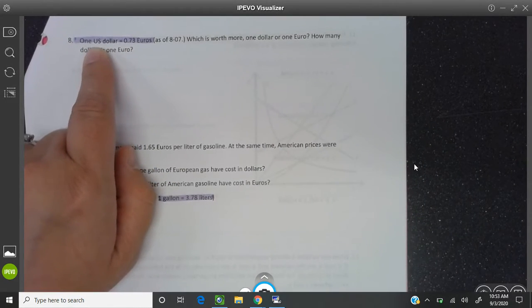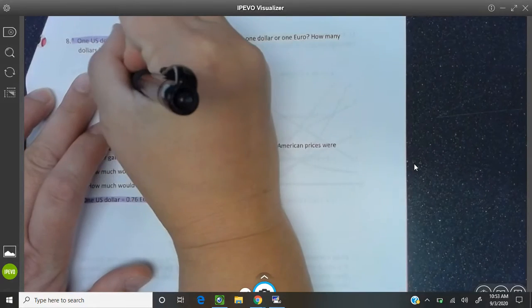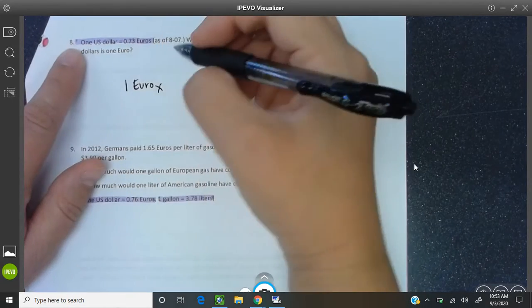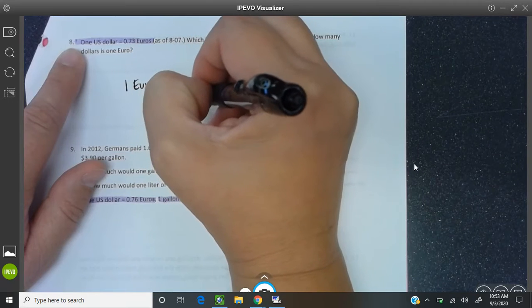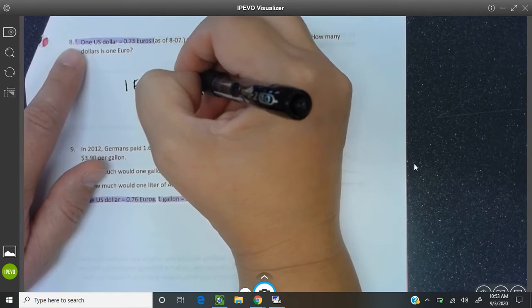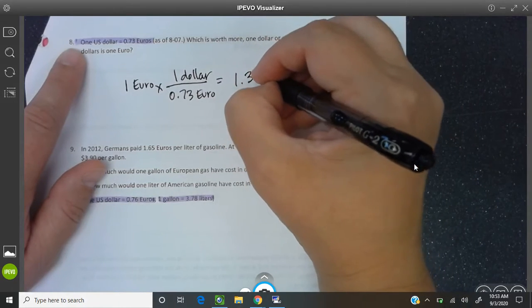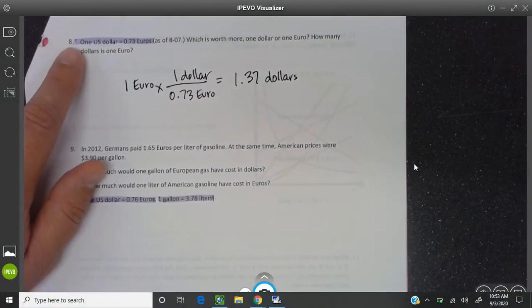So that's one way to think about that. And then how many dollars is €1? If we start with €1 and we multiply that by this conversion, for every 0.73 euros, we have $1. That's going to give us $1.37. It's kind of a lot more.